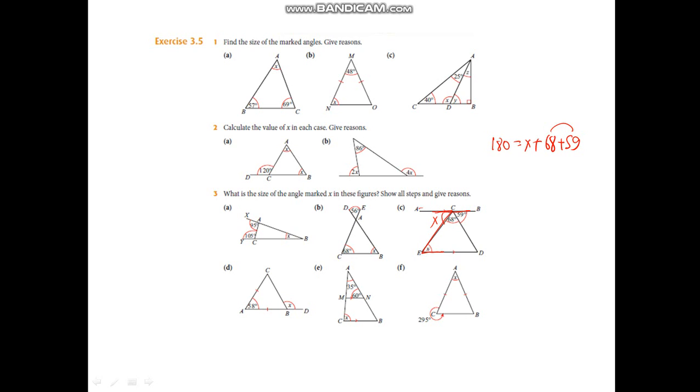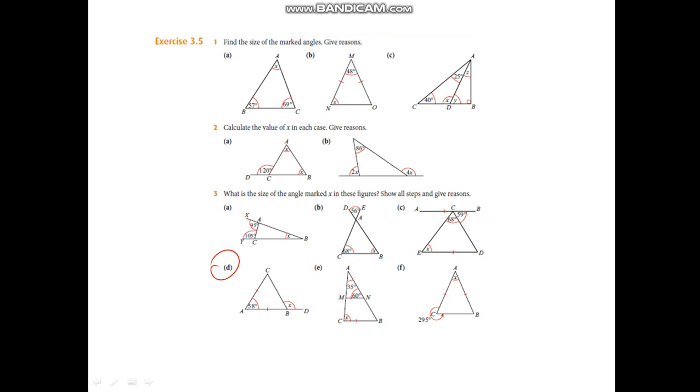And what is the sum of these two numbers? It is 127, so 127 plus x is equal to 180. So x is equal to 53. Okay, x is equal to 53.